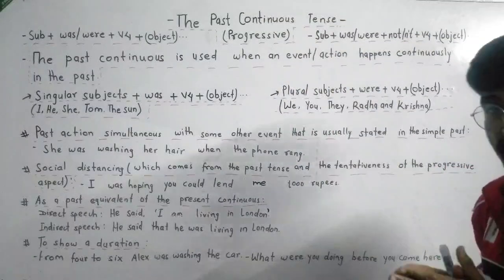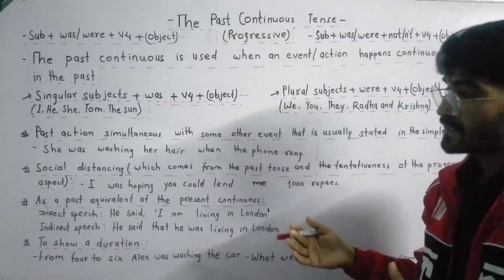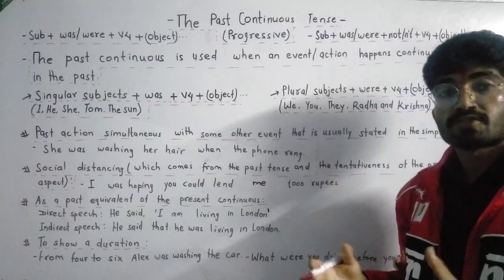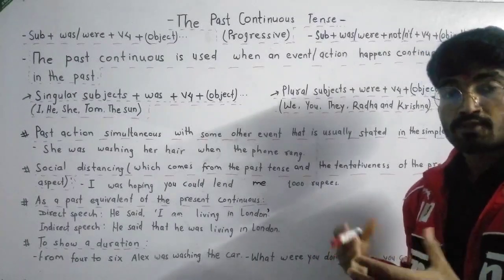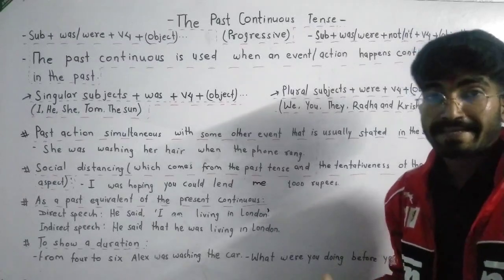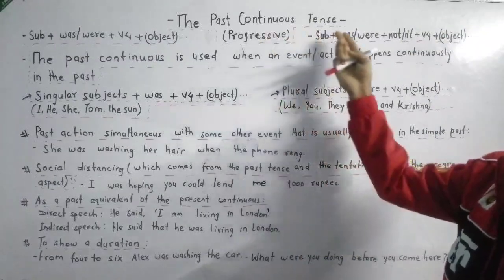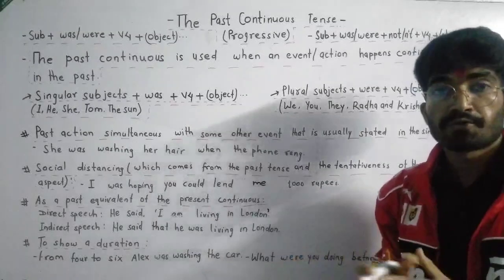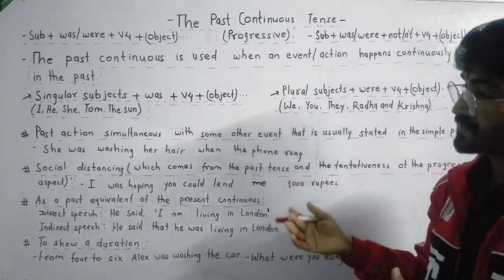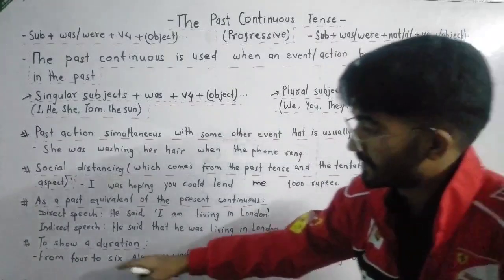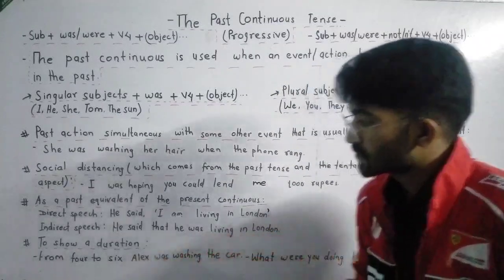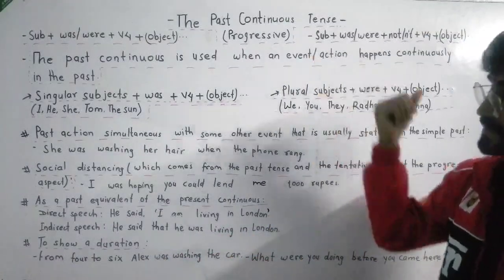Under its definition we have studied that the past continuous tense is used if something happens continuously in the past, and we don't know its starting or its ending. But you can see here, we can see its starting, 4, and its ending, 6. So again we are using the same tense.